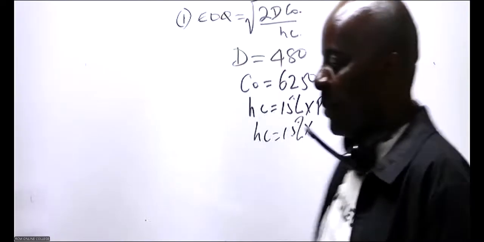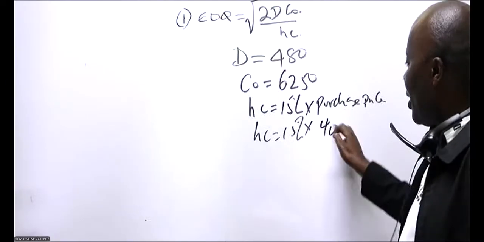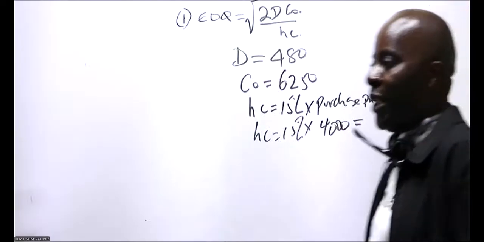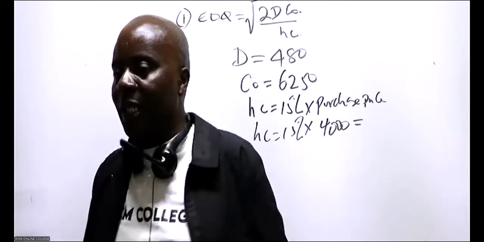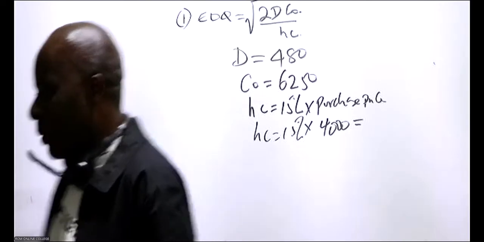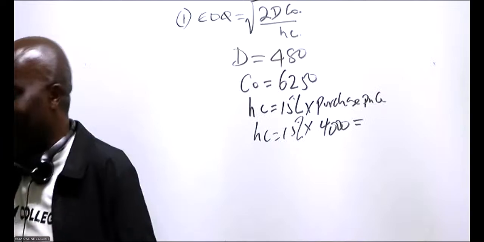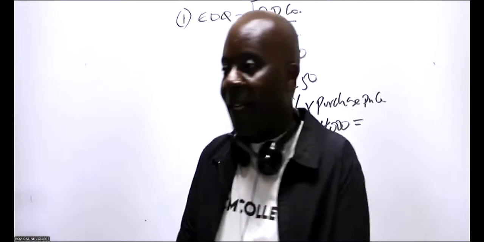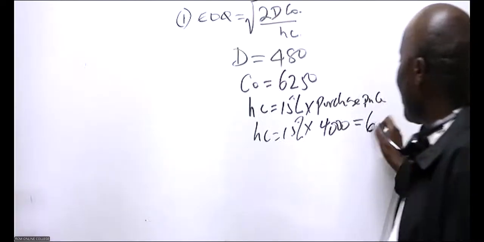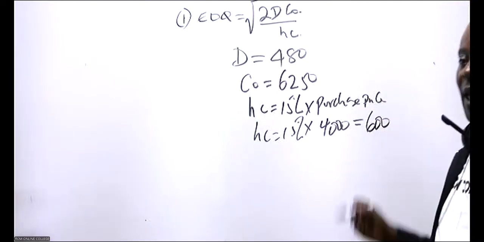So 15% times 4,000 gives 600. Now we have everything.